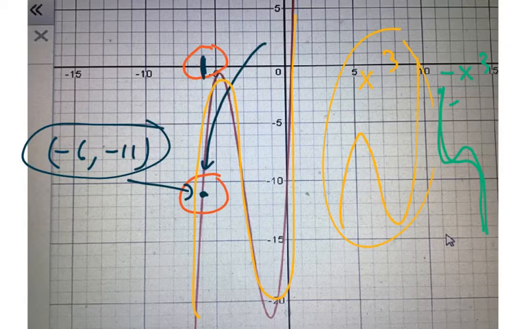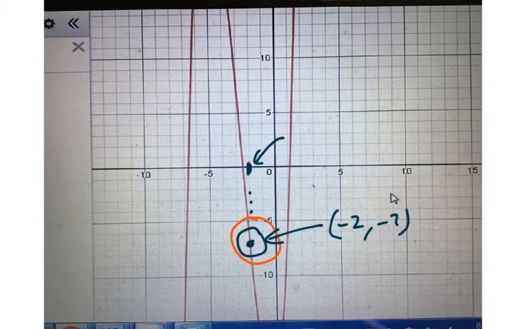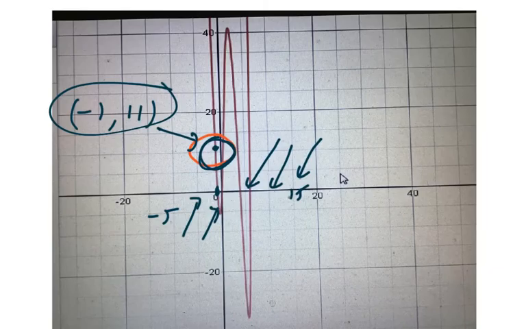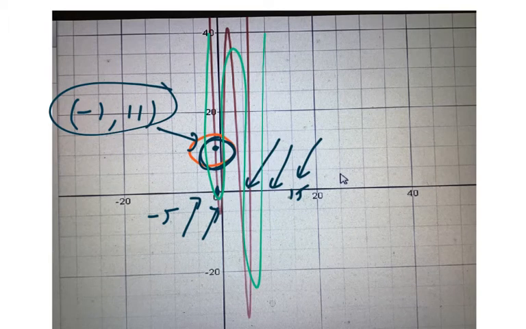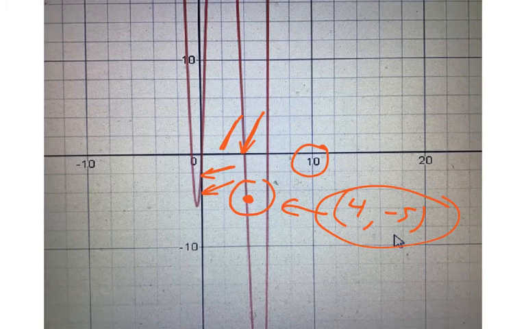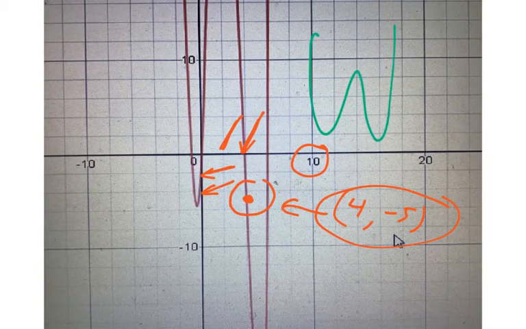You ought to recognize x cubed. We did do an x to the 4th, did we not? That's another x cubed. See how it snakes through? This one is a more extreme x cubed. Usually that looks more like an x to the 4th. Like this one right here is actually an x to the 4th. Okay? See how it has that W looking shape.